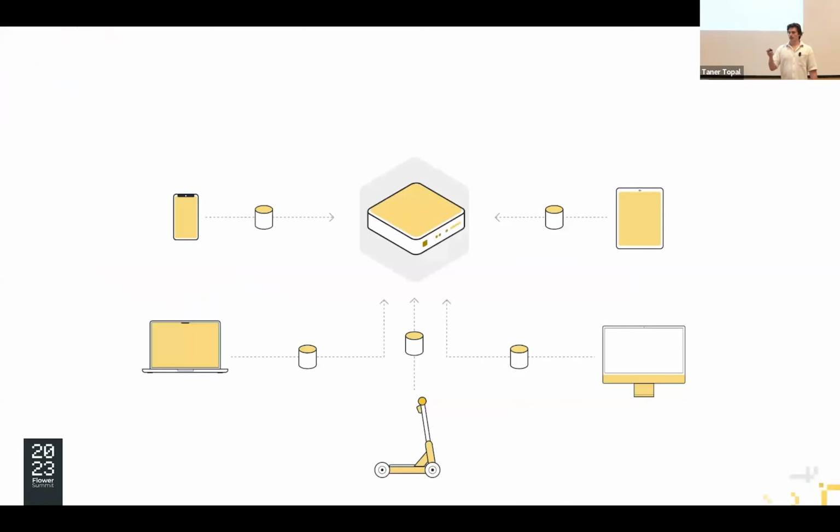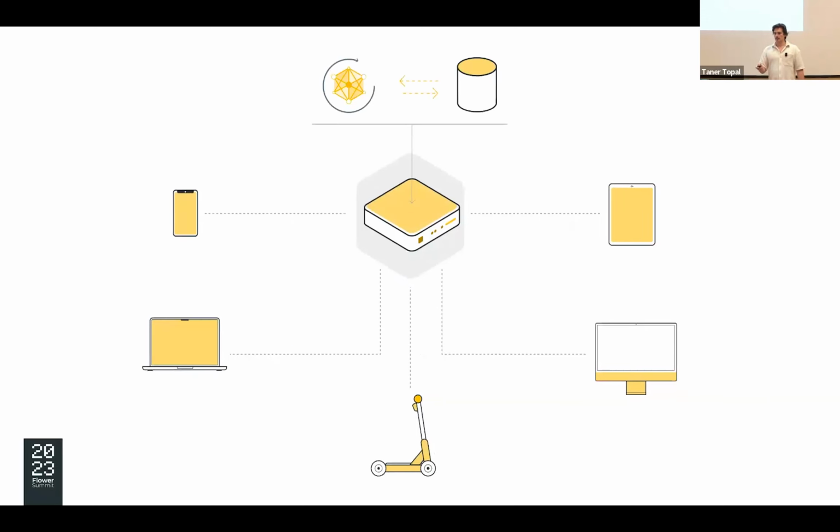To do that, we send all the data to a central server that does the training itself. This is what we call the centralized setting, where data from different devices is centralized in one server where the training happens.